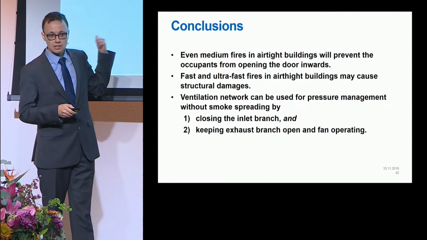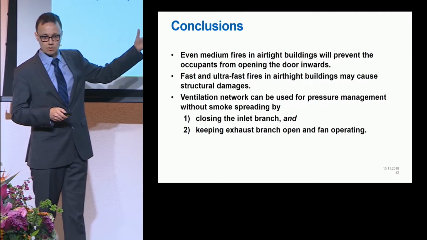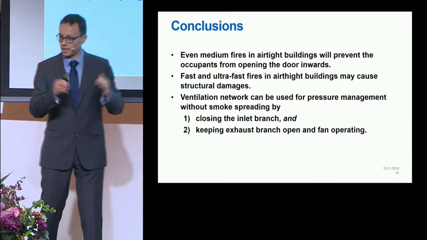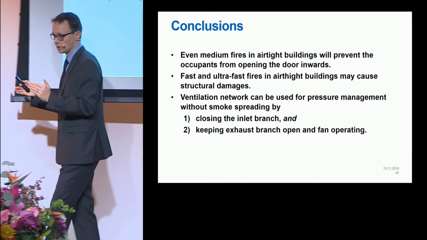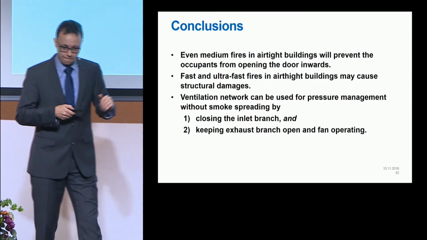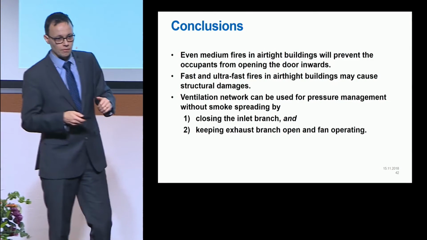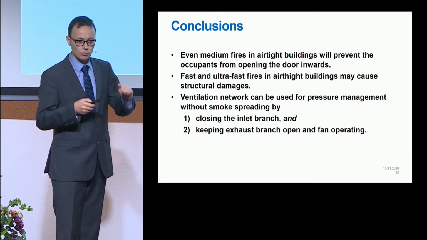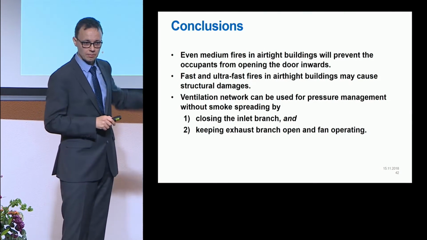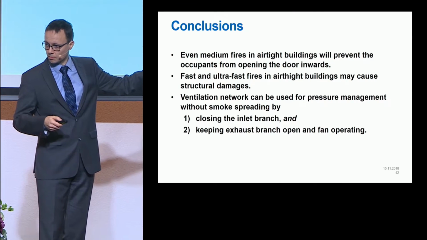And by keeping the exhaust branch open and fan operating. Then it depends on the dimensioning of the system, to what extent it can keep the pressures down. Can it really help for the door opening problem? It depends.